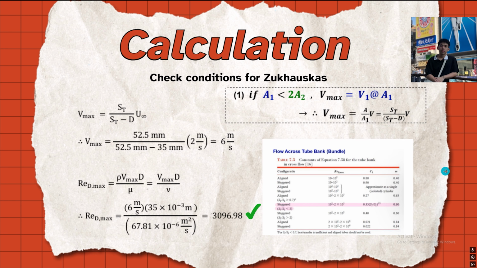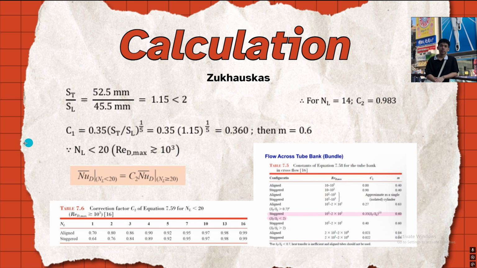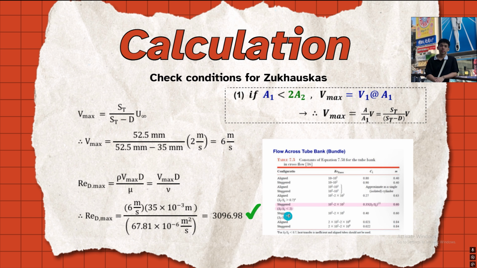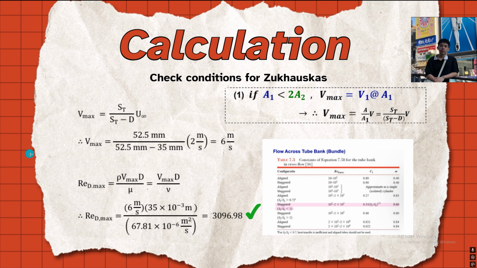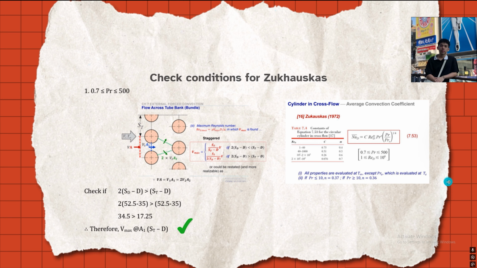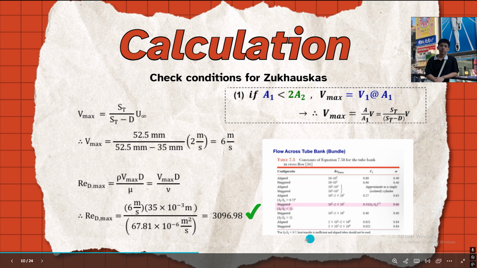Okay. Now, next we have to find the ratio of ST divided by SL. Since this is less than 2, we can determine the constants for the Zukauskas equation.